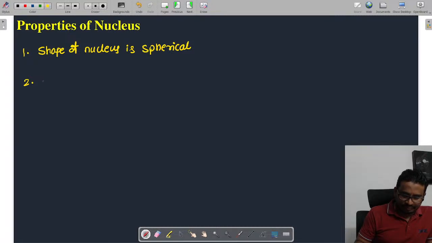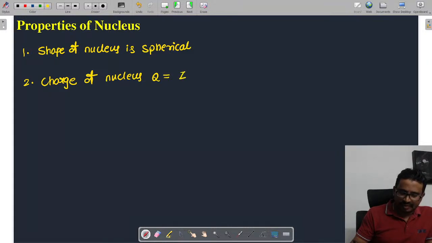Next, charge of the nucleus. Charge of the nucleus is given as what, tell me?